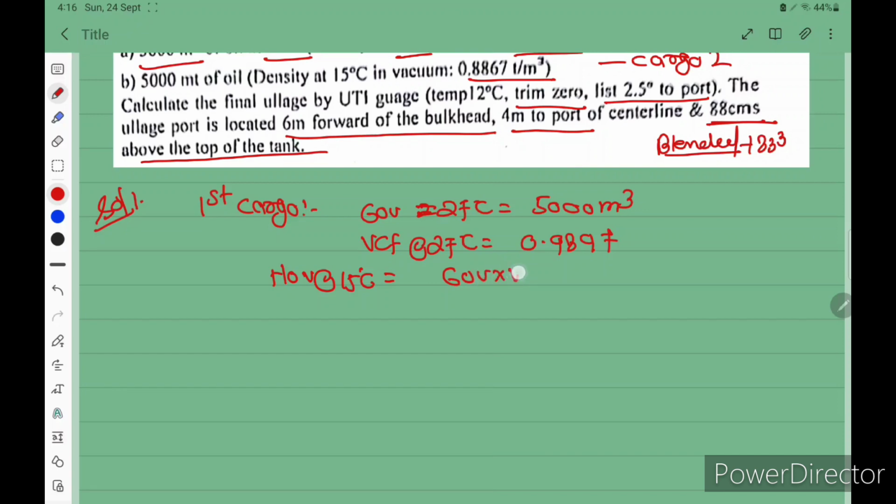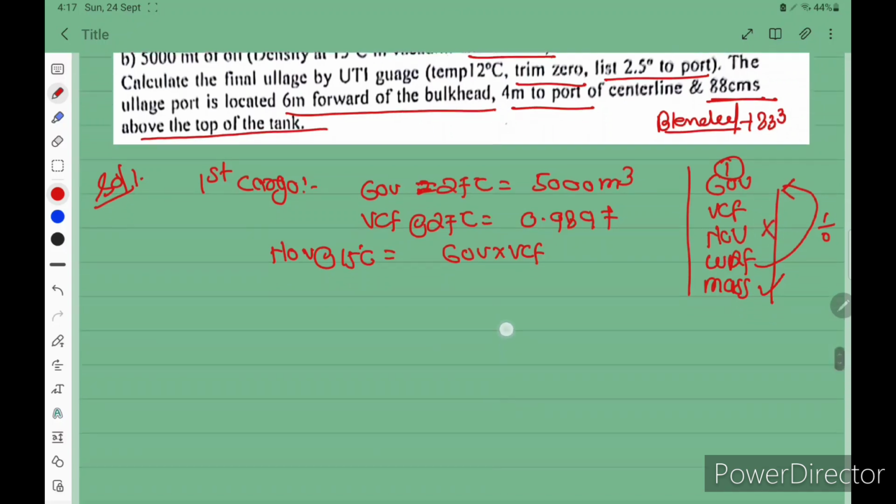So GOV into VCF, it is given in meter cube, so we get net observed volume. Then net observed volume into weight reduction factor, multiply, we get the mass. So first cargo we have to solve this. The second is mass already given, so we have to find this. When we go from mass to GOV we have to divide, and when we go directly we multiply.